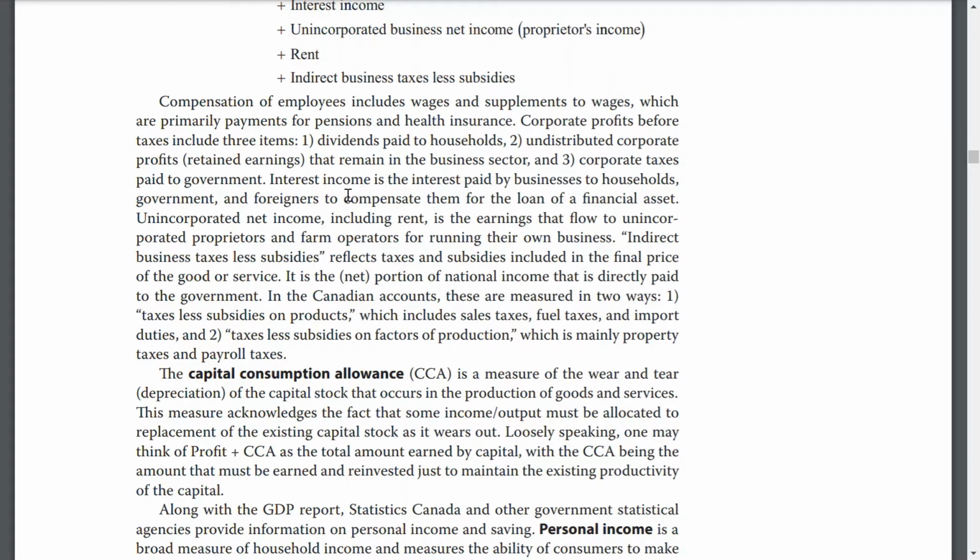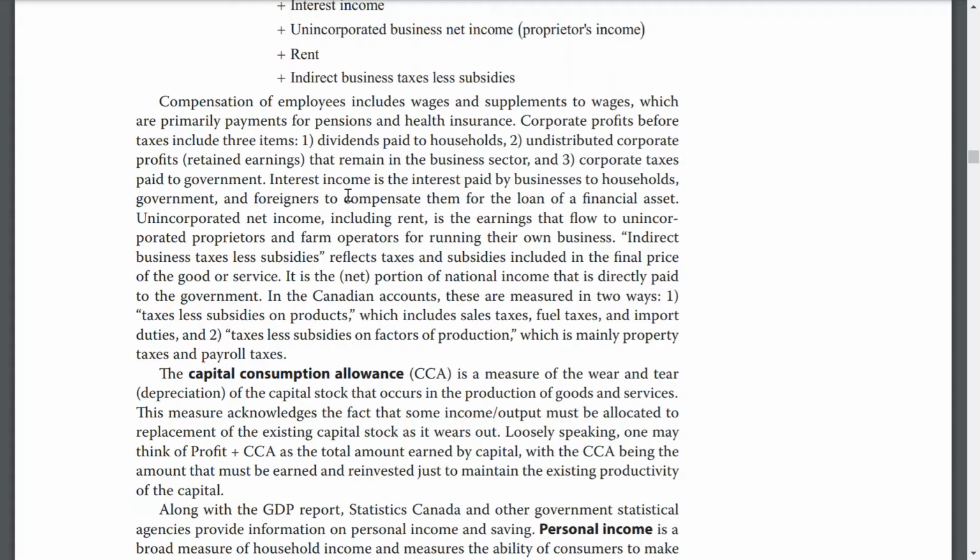Interest income is the interest paid by businesses to households, governments, and foreigners to compensate them for the loan of a financial asset. Unincorporated net income, including rent.